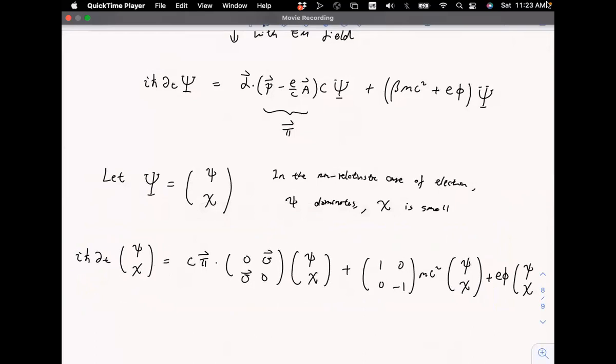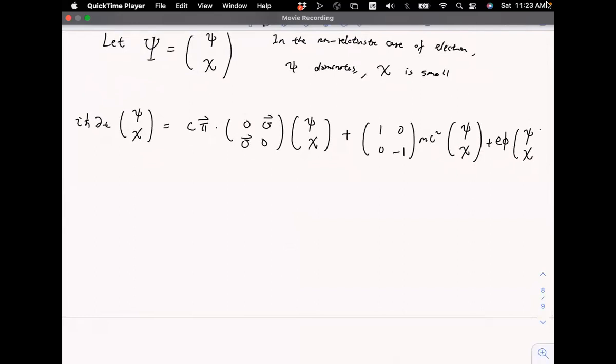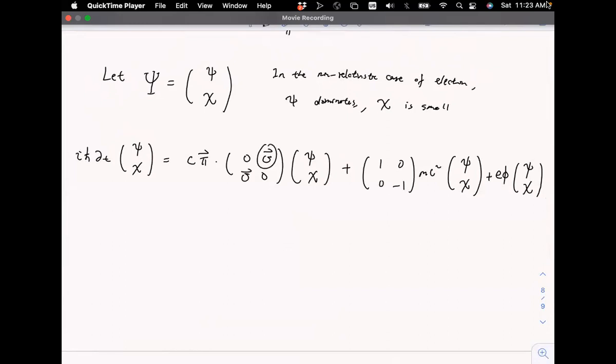This sigma means sigma x, sigma y, sigma z. You make them into a vector, though they're not any real space vector. It's just a convenient convention to write the equation using a dot product.